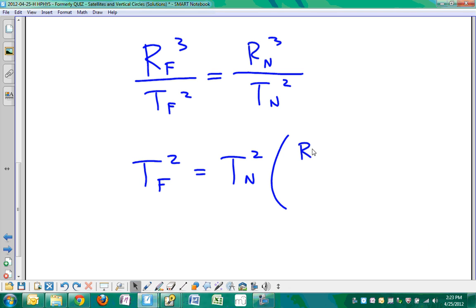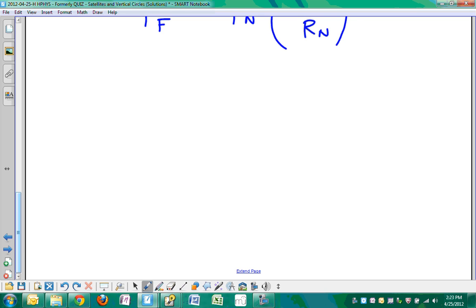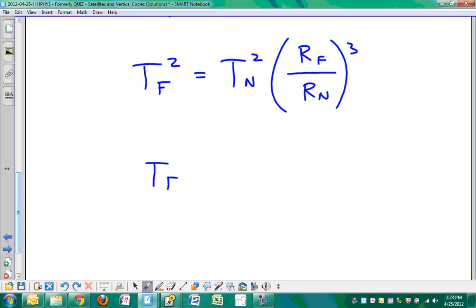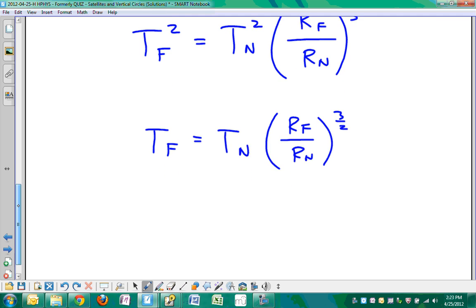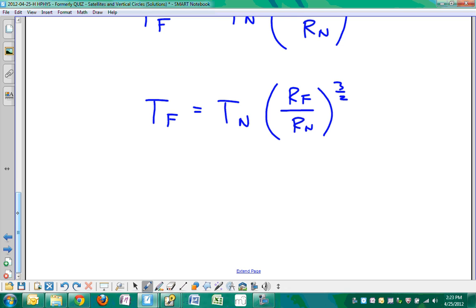So we have r farther over r near cubed. We know that T farther is equal to T nearer times radius farther over radius nearer to the 3/2. The exponent doesn't matter really, because all we really need to know is the ratio of what's inside here. If this is greater than 1, then T farther is greater.